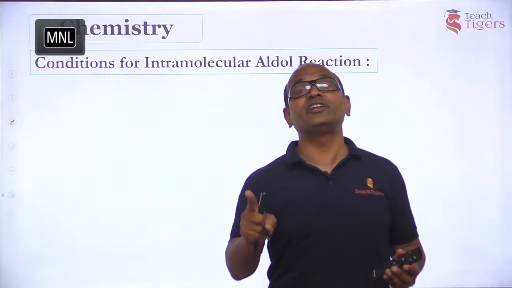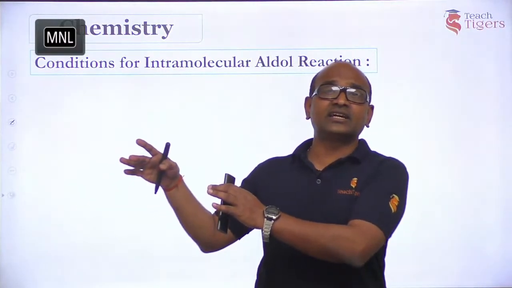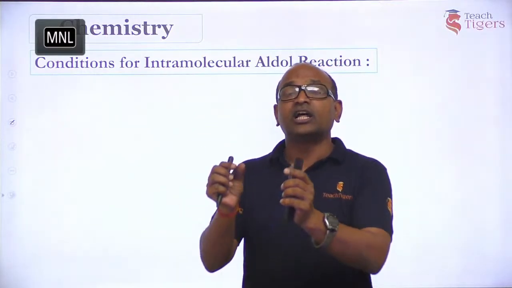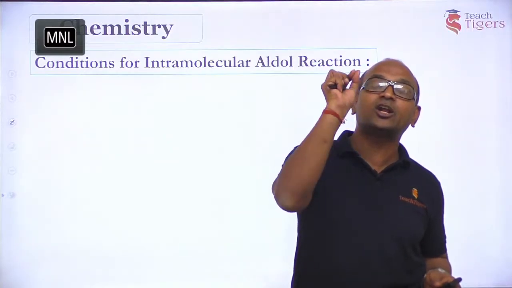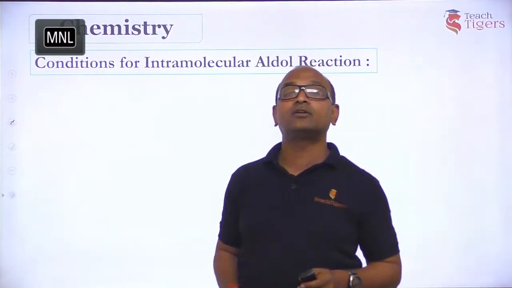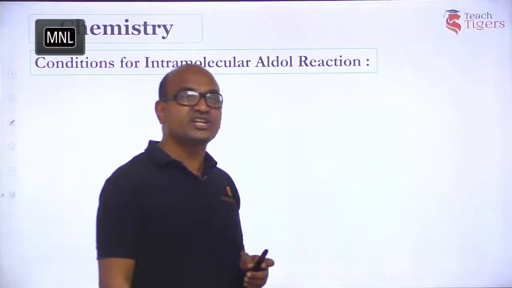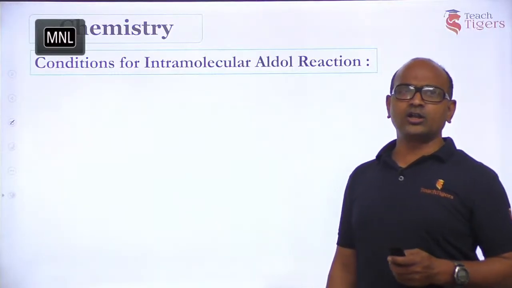Then it is definitely an aldol condensation reaction. It can be either a simple aldol, crossed aldol or intramolecular. The bottom line is you will have a beta hydroxy aldehyde or a beta hydroxy ketone in case of aldol condensation. So let us check the condition for intramolecular aldol.